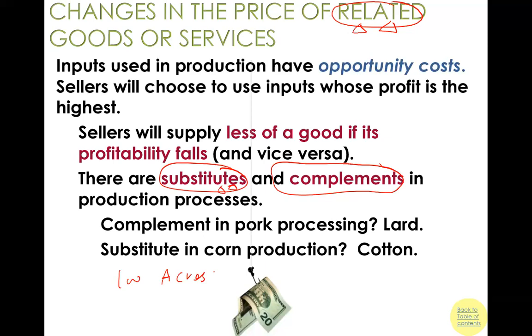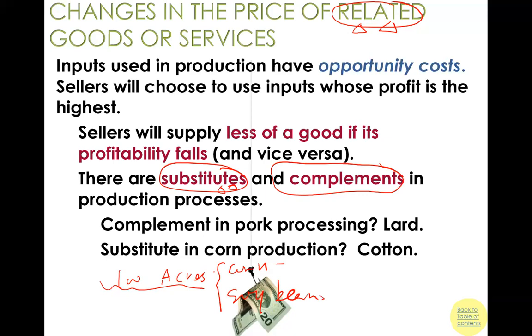In a regular season, on these 100 acres the farmer can either produce corn or produce soybeans. So in that sense, corn and soybeans in the production process are substitutes, because the land is perfect for producing either corn or soybeans.